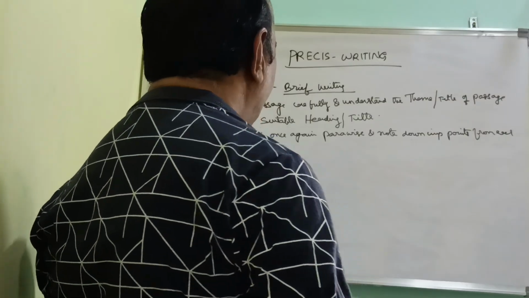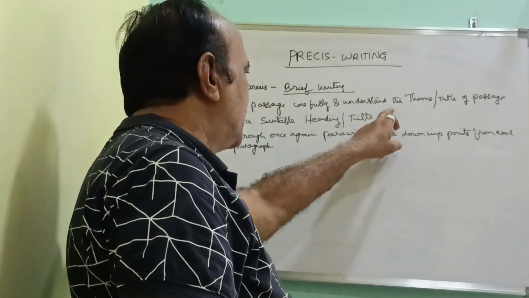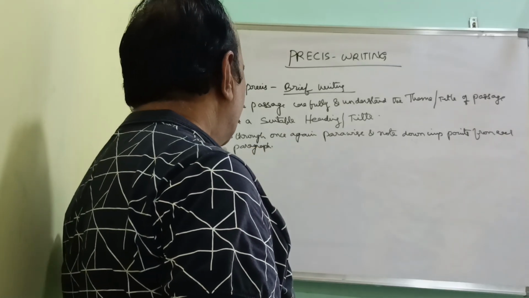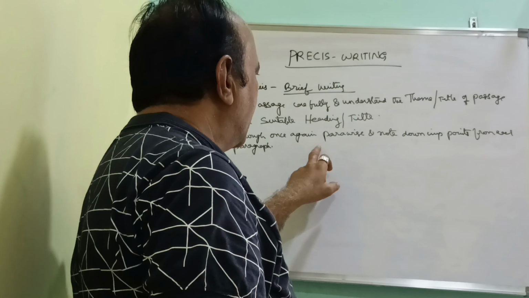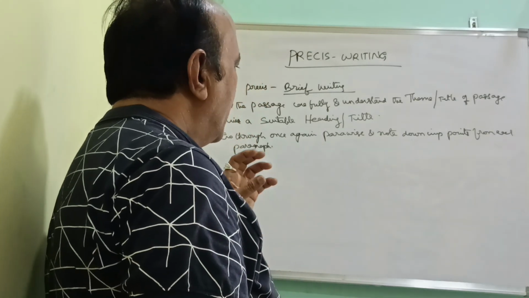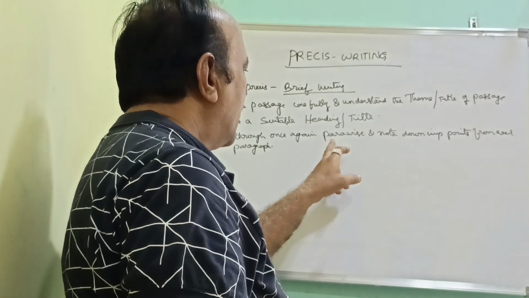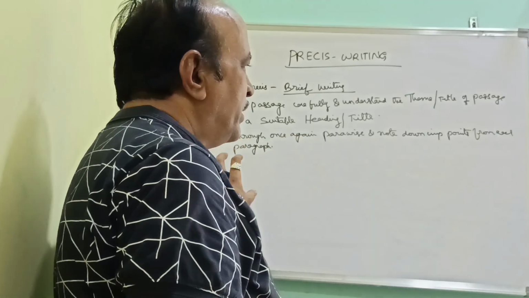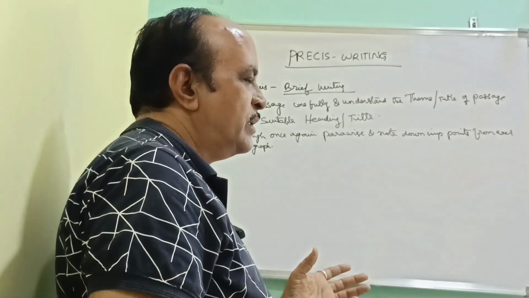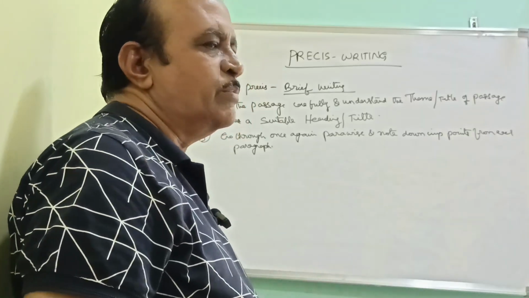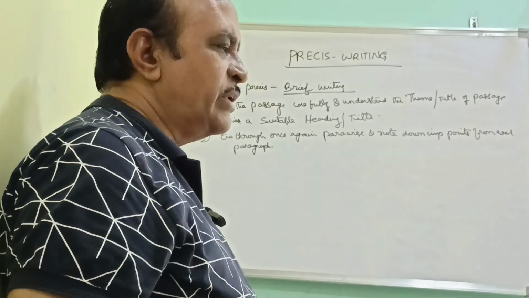So for the first reading, you just understand the title of the passage, then write down a suitable title. In the second reading, you have to go para-wise, very slowly and with full concentration, and note down some important points, either one or two. Suppose three paragraphs are given, you note down at least one point from each paragraph.